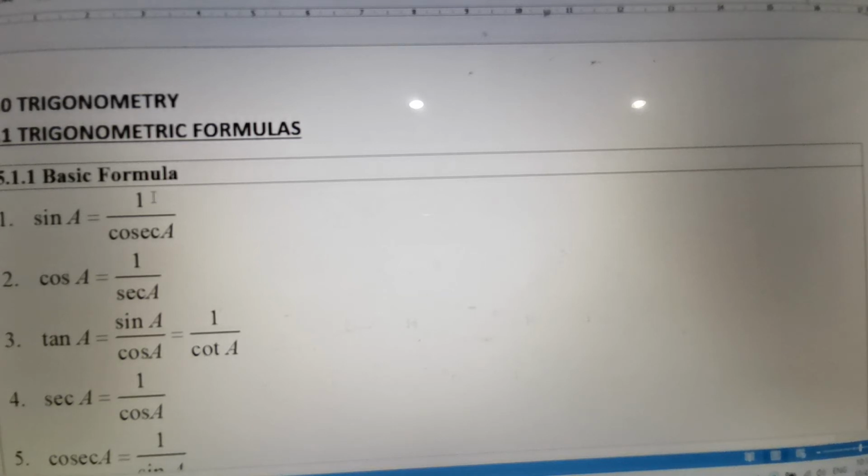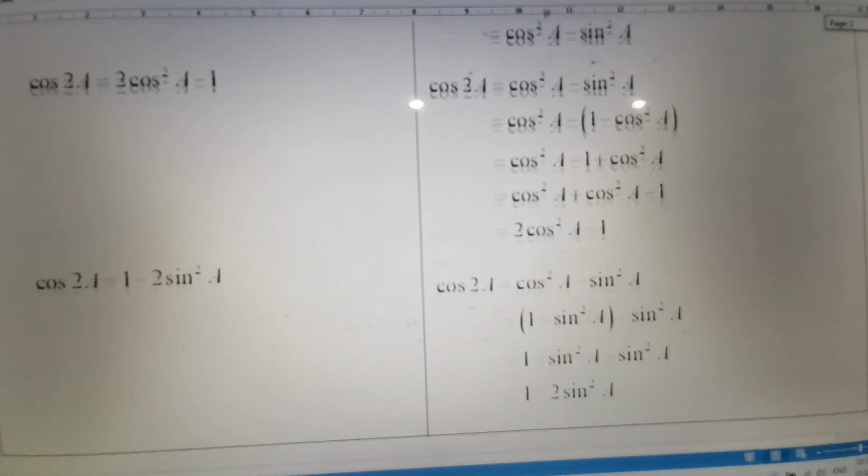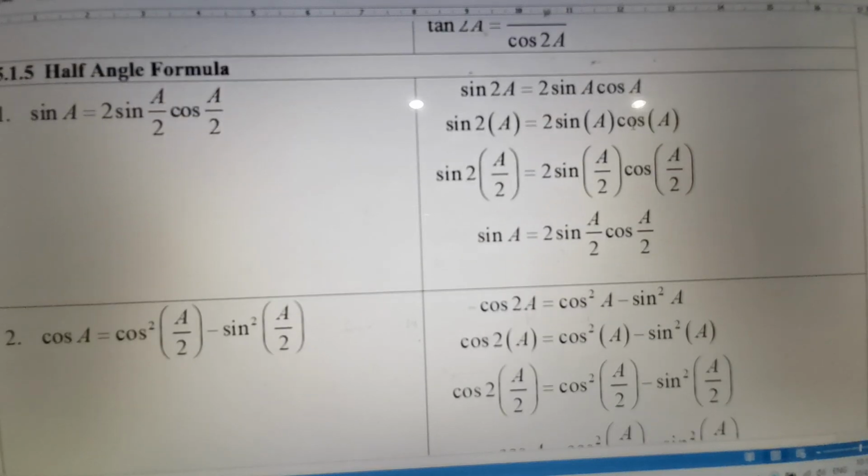Of course it will be 1 over cosecant A. But there's another formula also for sin A. Sin A is also equivalent to 2 sin (A over 2) cos (A over 2). If you see here, sin 2A is actually 2 sin A cos A.